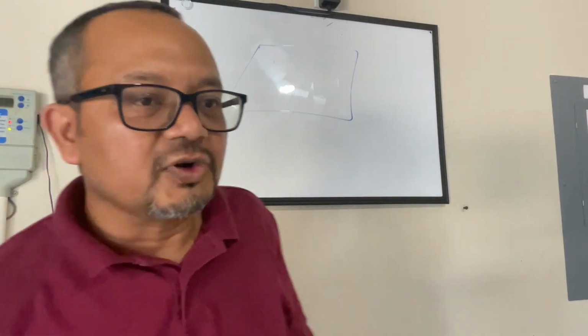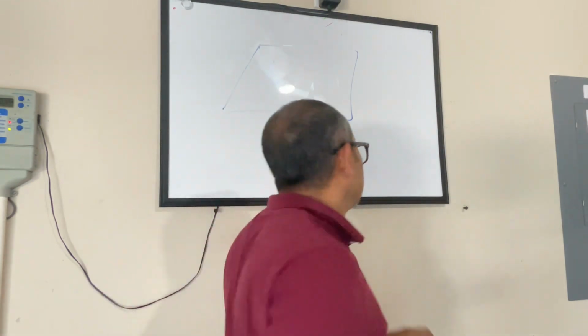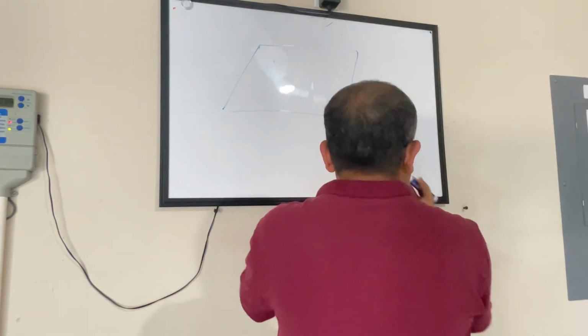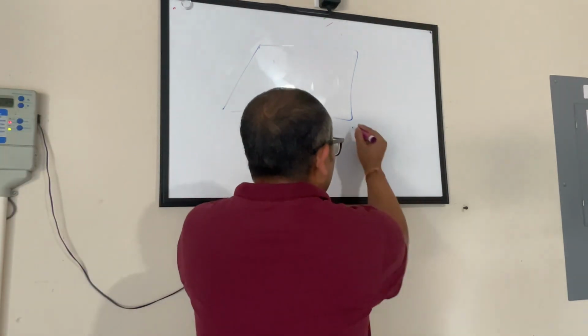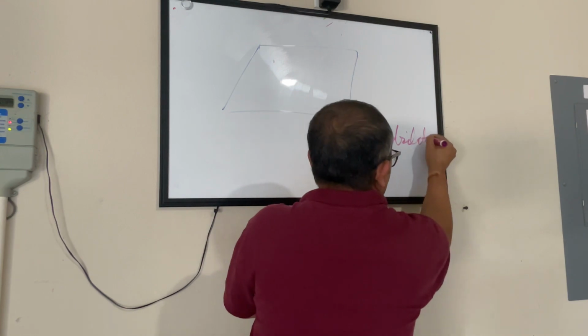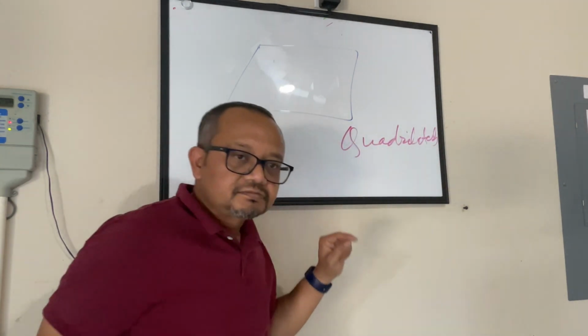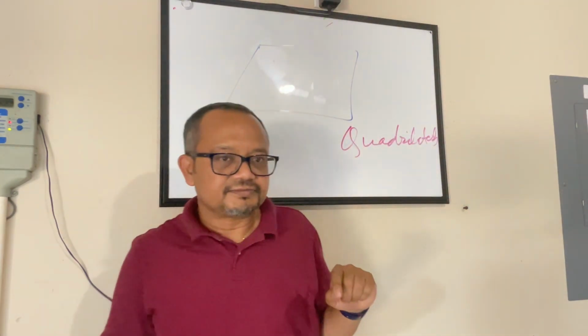A shape with 4 sides is called a quadrilateral. What are different quadrilaterals that you guys are aware of?